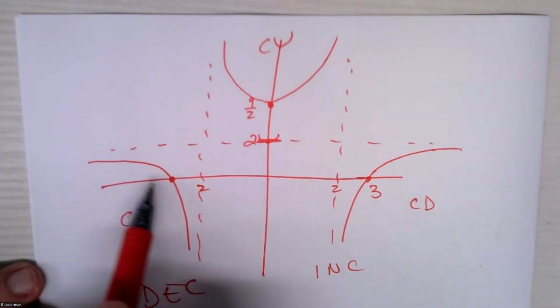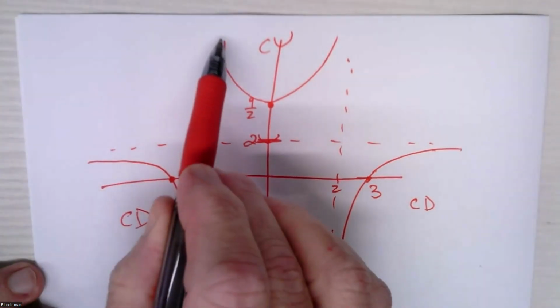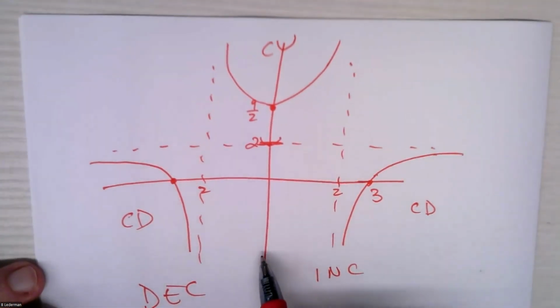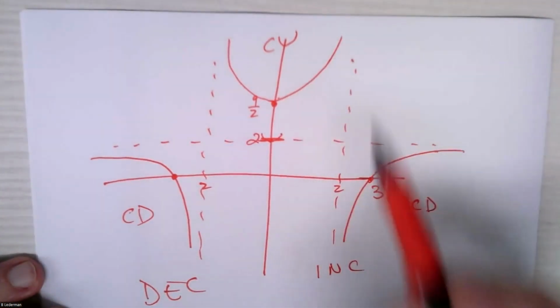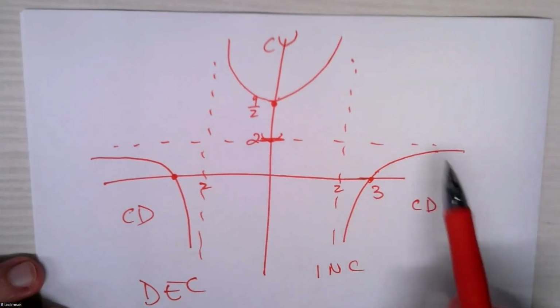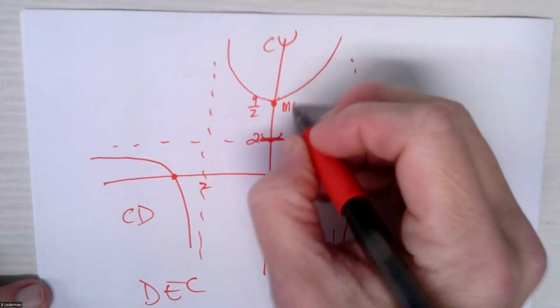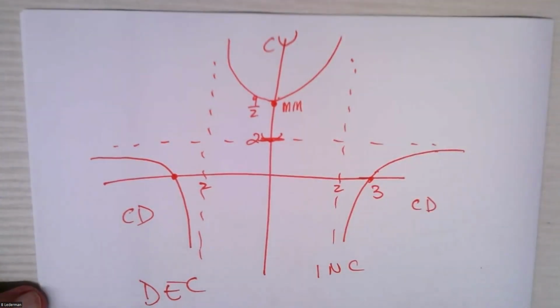It jumps up there, but it's still decreasing. And then on the other side of the axis, it's increasing. It jumps down, but it's still increasing. So it's increasing everywhere. This is the only min. There's no points of inflection. We got the concave up, concave down. It looks pretty good.